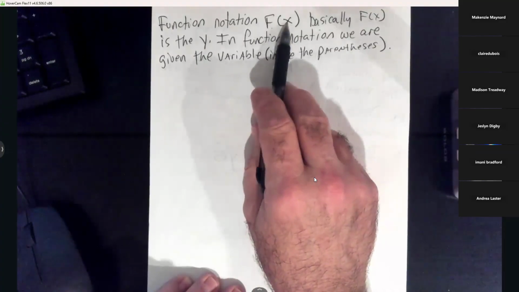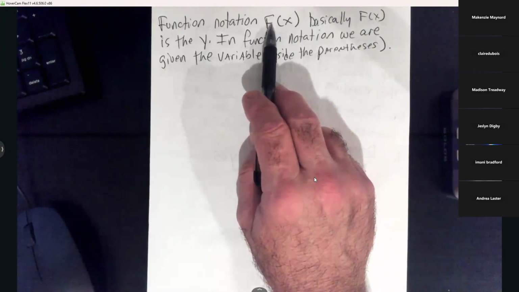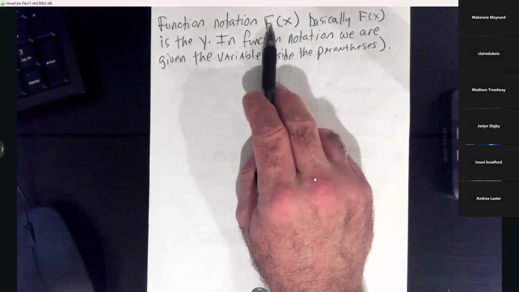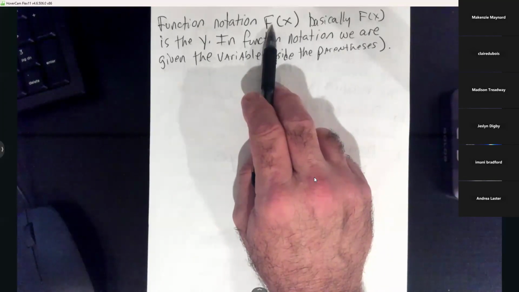So f of x, this means my variable is x, and f is just the name of the function, okay? You'll see a lot of times the letter they use in function notation, if you get into the sciences, describes what the formula is for.